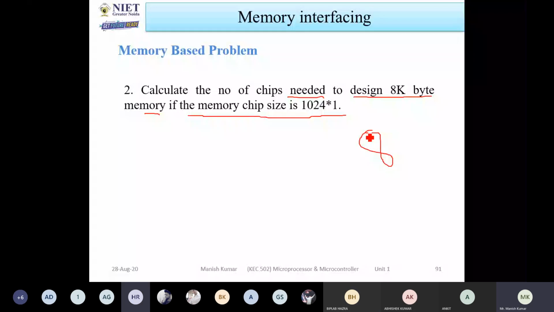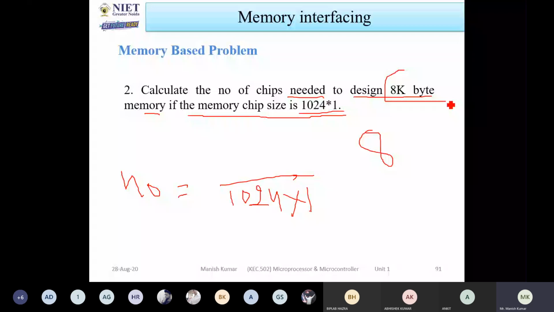ओके, सो वी विल डिस्कस नंबर ऑफ चिप्स। नंबर ऑफ चिप्स इक्वल टू, बड़ी मेमोरी की जो साइज है, ठीक है, जो मेमोरी की साइज हमारे पास अवेलेबल है, 1024 into 1। इसका मतलब 1024 into 1 की अवेलेबिलिटी है, लेकिन हमें क्रिएट कितना करना है, 8 किलोबाइट। वी हैव ए मेमोरी साइज 1024 into 1 and we have to create the 8 kilobyte.